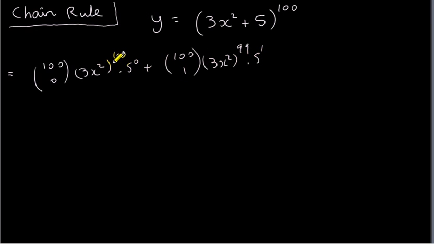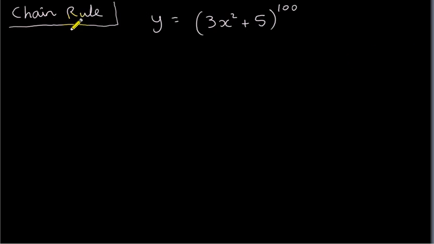So we'd decrease the powers of x squared, from 100 down to 99, etc., and we'd increase the powers of 5. We'd have 101 terms. The last term would be 100C100, 3x squared to the power of 0 times 5 to the power of 100. So you can see that that's not practical.